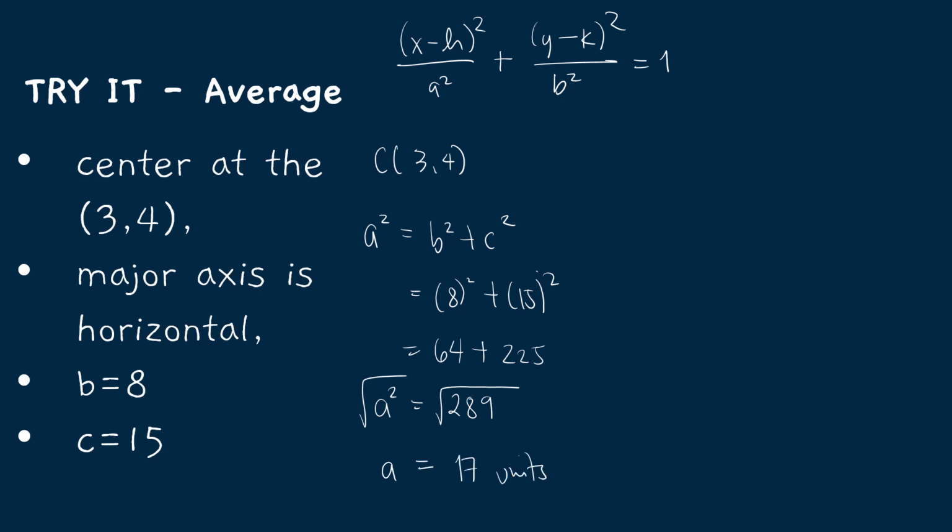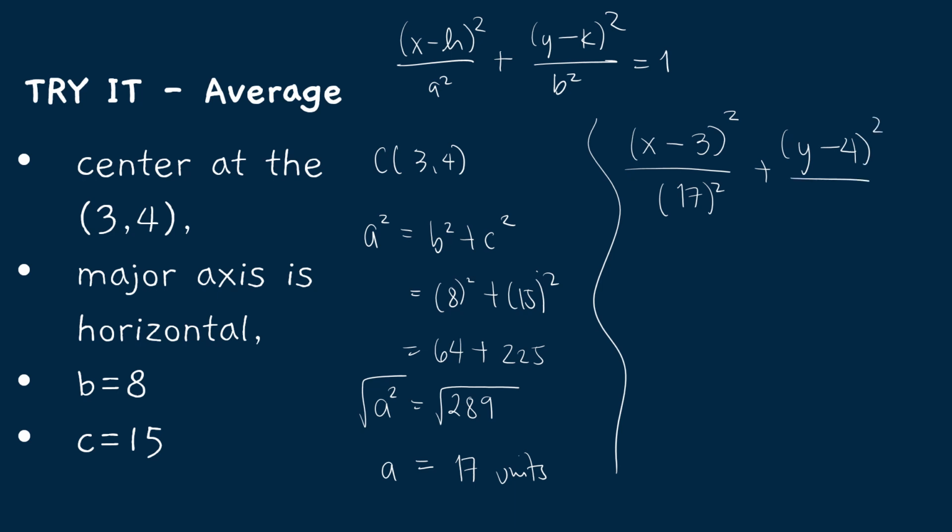Okay? You already have a, b, and the center coordinates, so we can now substitute the values in our given equation. It will result into x minus, since 3 is positive, you write x minus 3 squared over a, which is 17 squared, plus y minus 4 squared over b, which is 8 squared, is equal to 1. Then simplify the denominator so that it becomes a whole number without an exponent.